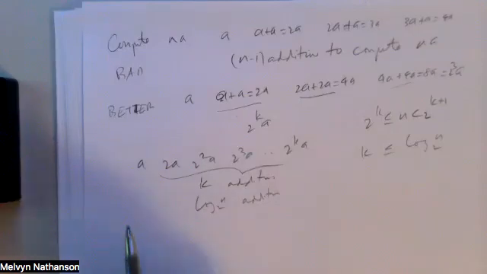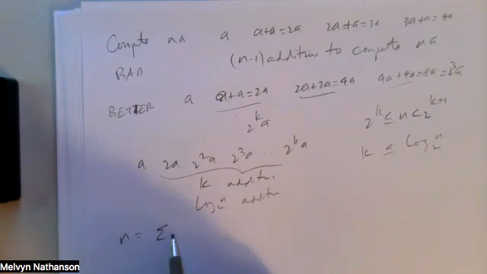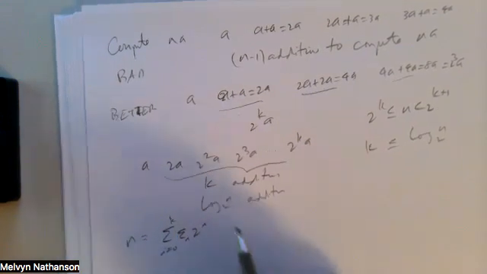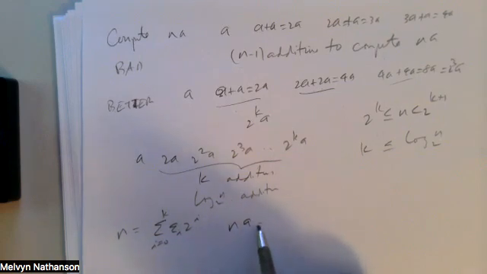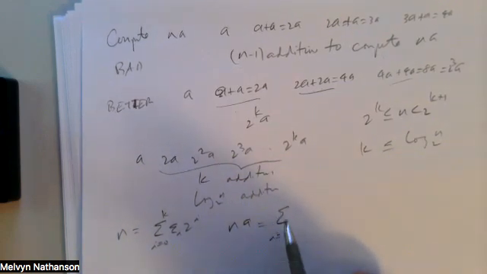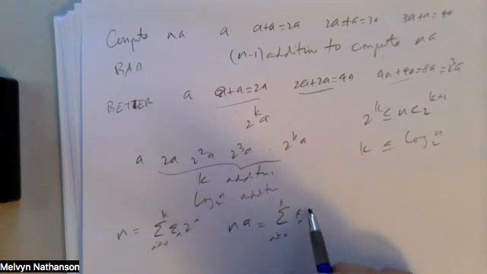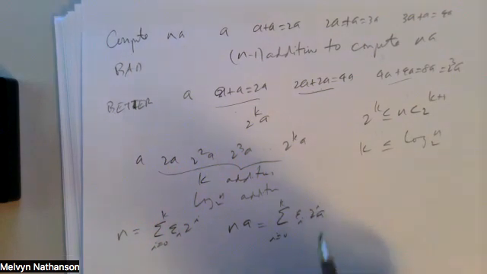And now I take my number n, and I write it in binary. So n is the summation of epsilon i 2 to the i, where i goes from 0 up to at most k. So if I want to add a to itself n times, n times a is the summation, i goes from 0 up to k, of epsilon i 2 to the i a.